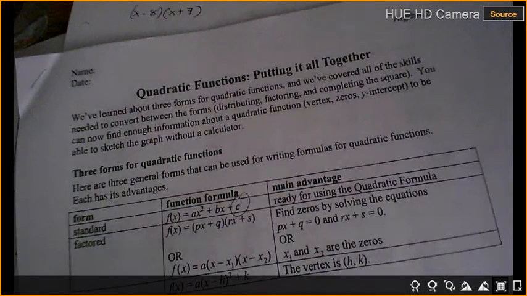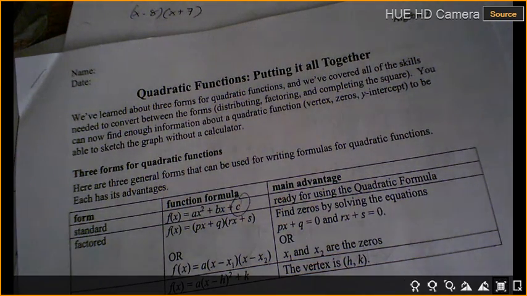So if you do all of them in this packet, you'll get extra credit. But you have to do D, I, J, and graph number 2 to get full credit. Okay?